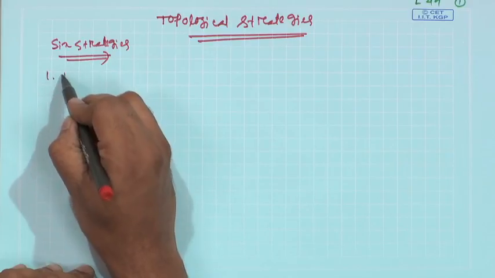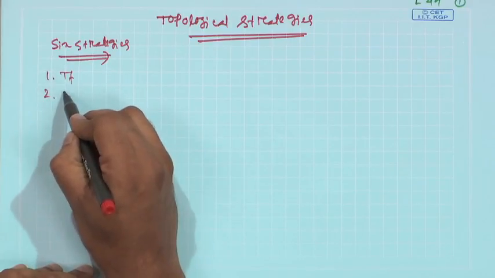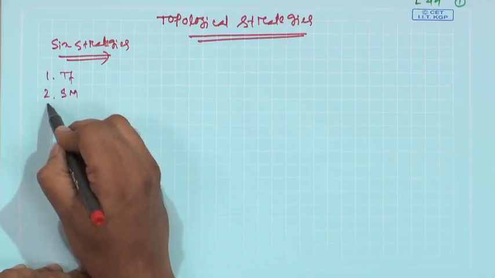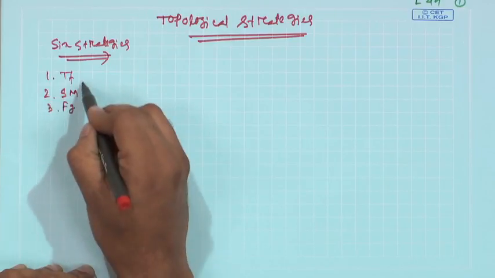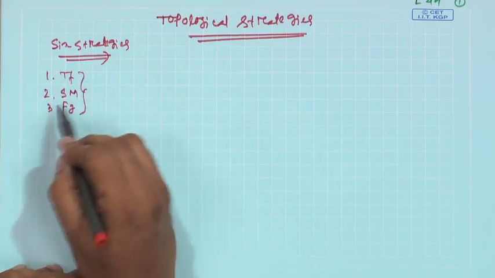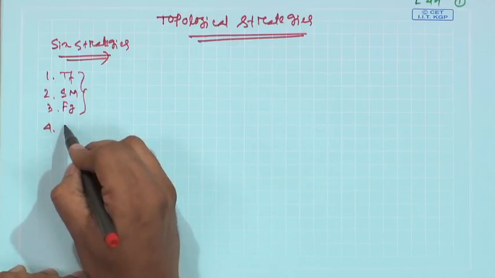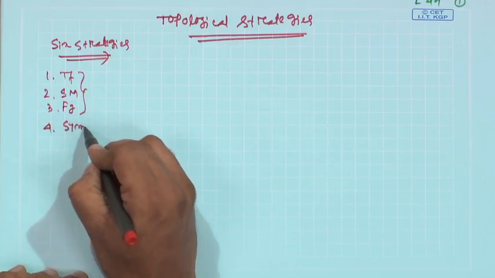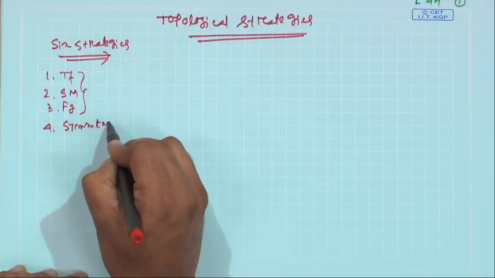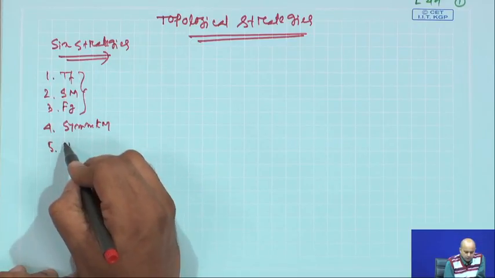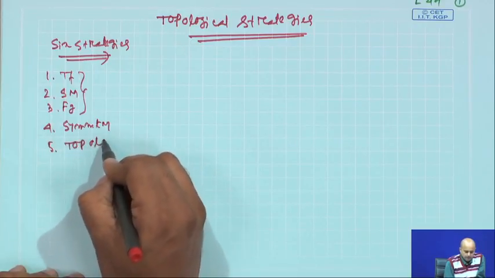Initially we talked about transformation, second is starting material, third is functional group. These strategies we have discussed in detail. Number 4 we have just talked about, symmetry-based strategies, and number 5 comes topology-based strategies.